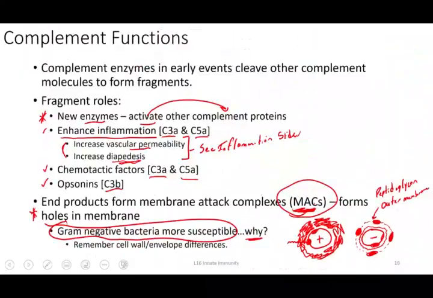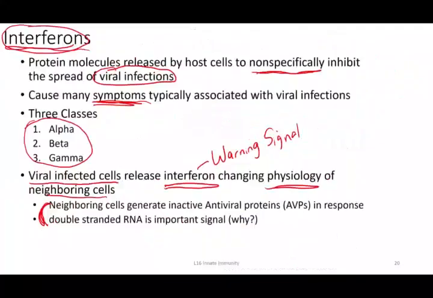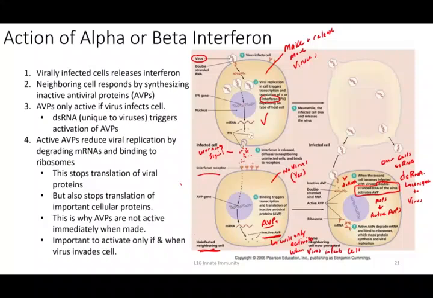Active antiviral proteins are going to stop protein synthesis, or another way of saying it is stop translation. And the way it does so is it's going to degrade messenger RNA. These antiviral proteins that are now active are going to bind to ribosomes and stop that protein synthesis. And so what that's going to do is stop the translation of viral proteins.